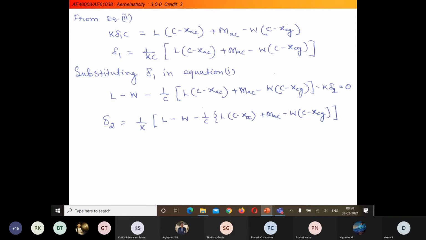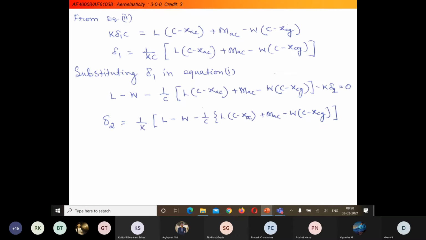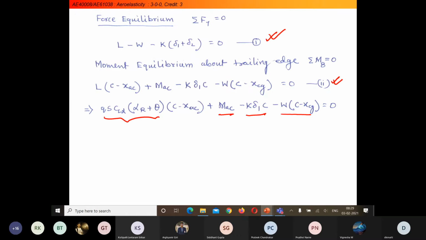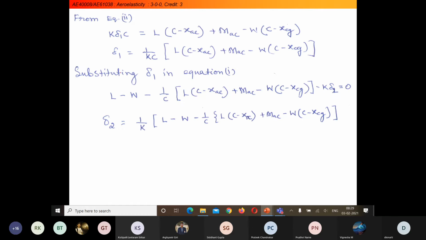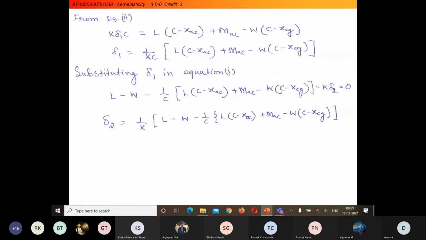So let me come to the second equation. From the second equation, we have rearranged this equation and calculated the value of delta 1. Rearranging, I am taking delta 1 equal to 1 by K c multiplied by L into (X minus S c) plus M AC minus W into (C minus X CG).